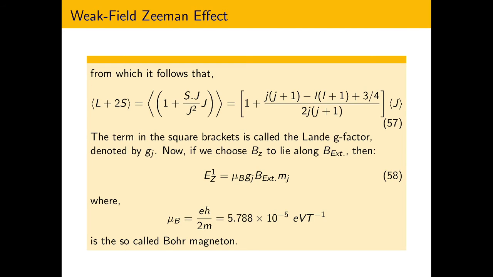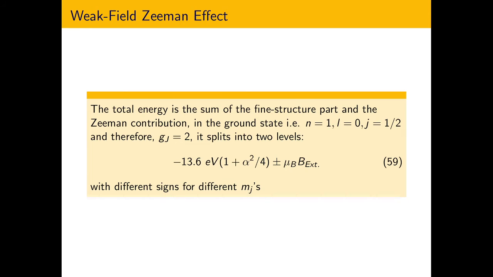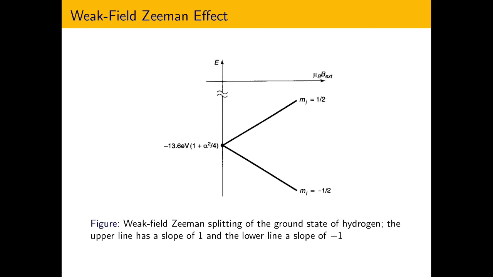Alright, so this is the weak field Zeeman effect, and just to put up a small example, the ground state would split into two energy levels, and they would split into two distinct lines that are even symmetrical because of just the way the m_J's work. You can see that right here. If I have a plus m_J, it's going to go this way, and if it's a minus m_J, it's going to go this way, and they have identical slopes in this plot.